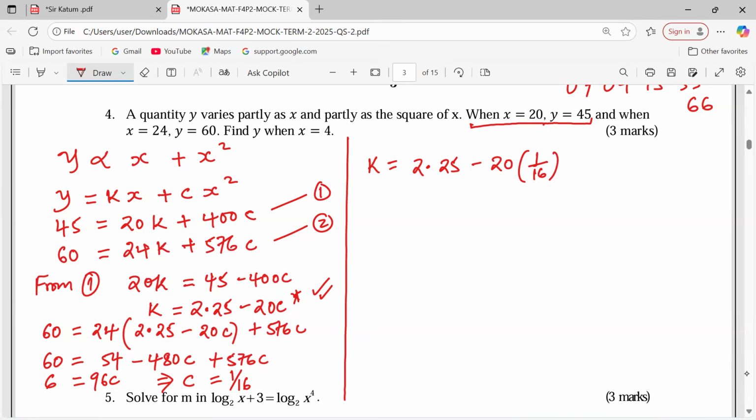At this point, we need to take 2.25 minus 20 multiplied by 1 over 16. This gives us exactly 1. So k equals exactly 1.